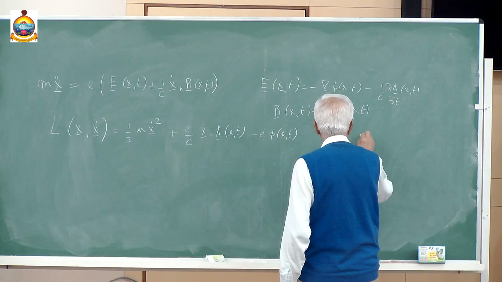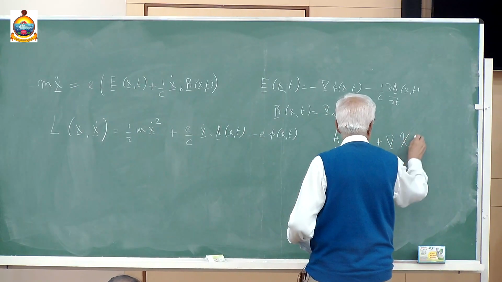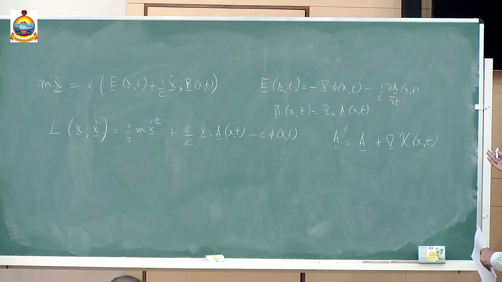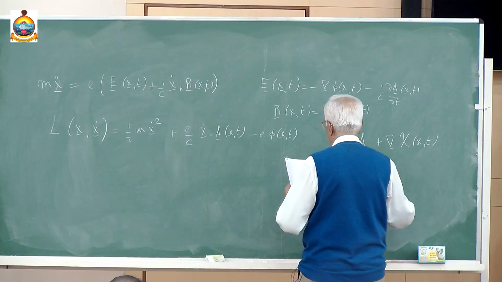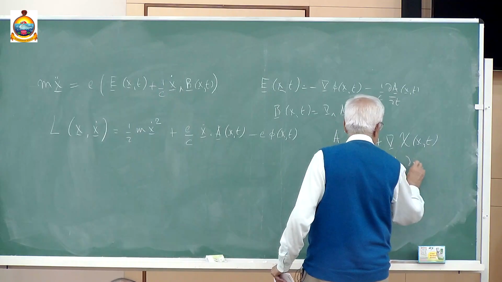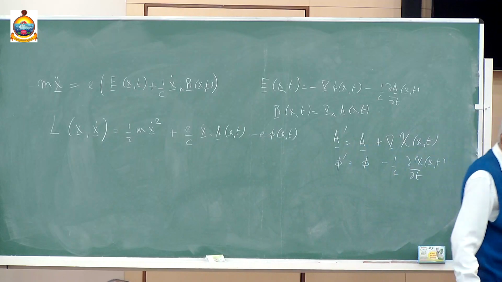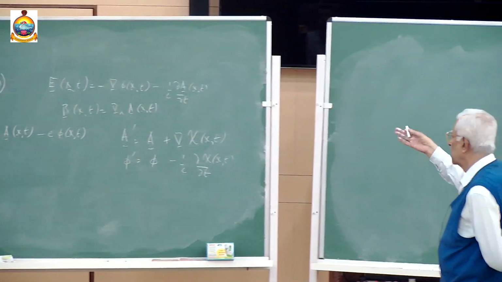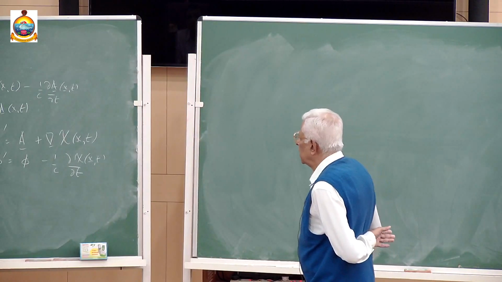And if you were to define a new vector potential A prime by adding a gradient of any function chi, real chi, to A, and if you define a new scalar potential to accompany this change in the vector potential, so you go from A and phi to A prime and phi prime in this way for any choice of this quantity chi, this is called a gauge transformation in electromagnetic theory.